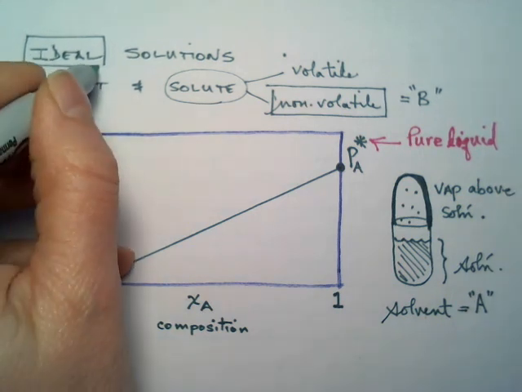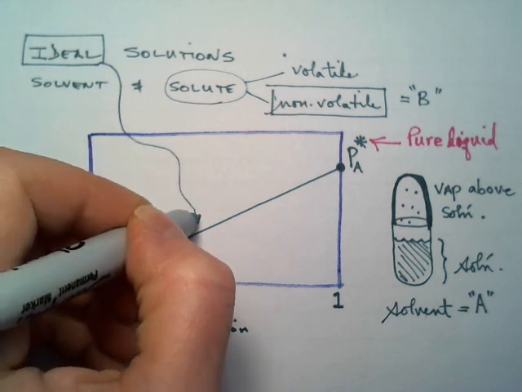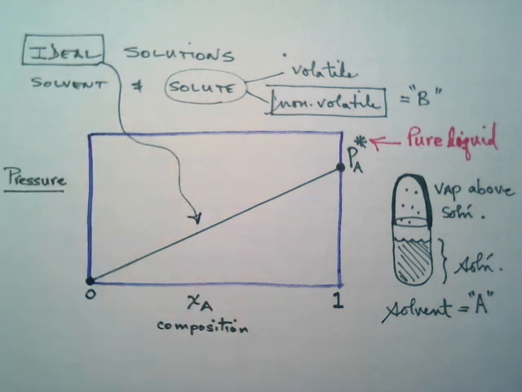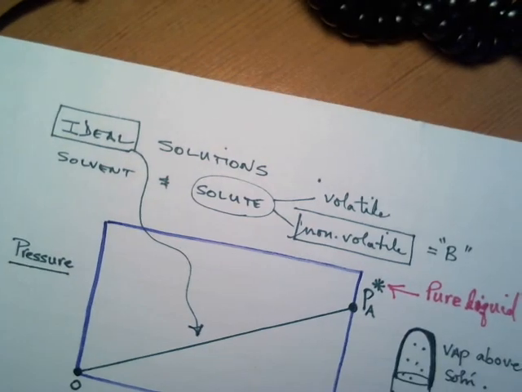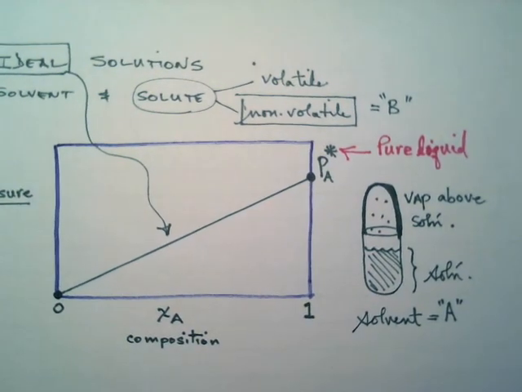Because it's ideal, I'm going to just wander down here to explain that that line is straight. Now, that line you can think of as having an equation, and it's a straight line. Y is pressure, X is mole fraction. Whoops. Sorry about that.